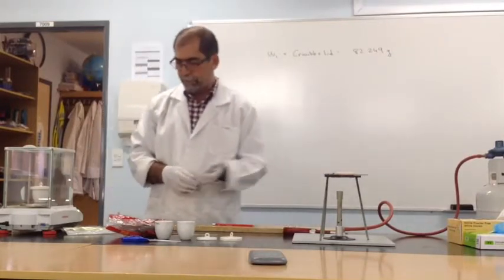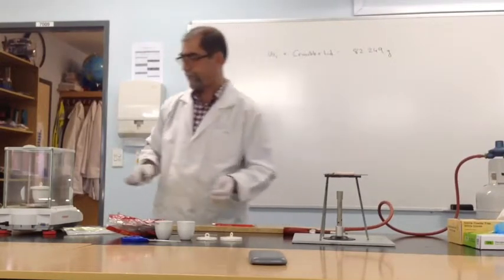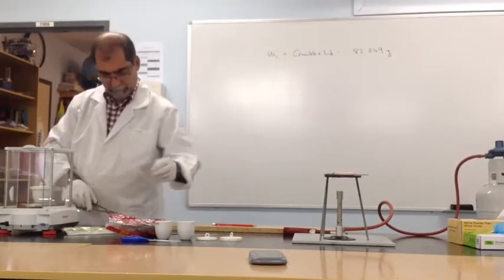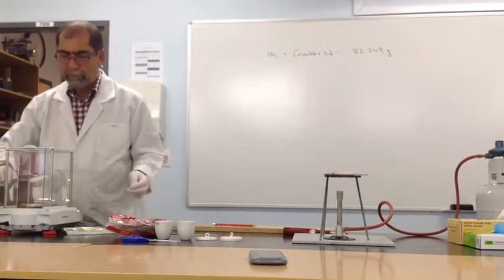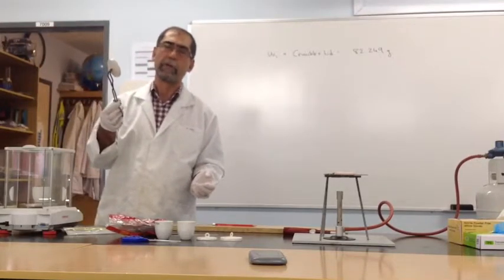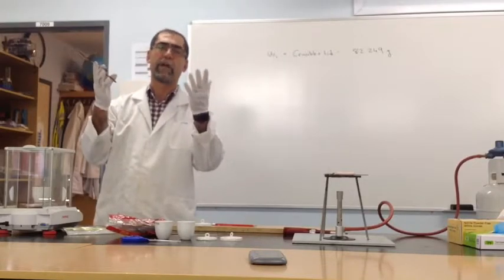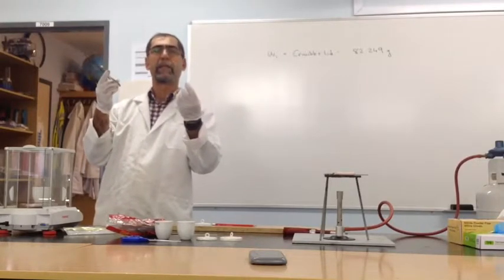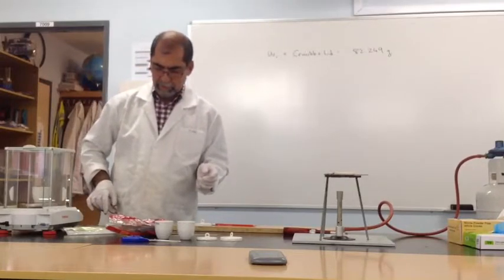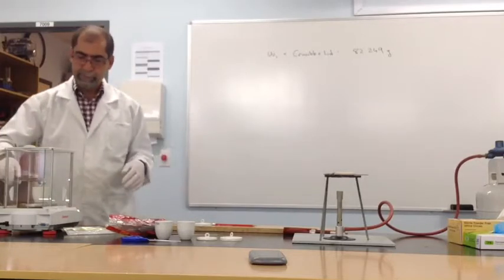Into the crucible, I'll add the magnesium strip. If you notice, I'm not handling anything by hand anymore. I'm using the tongs. Although they're cold, I'm using the tongs, largely because I don't want to leave any contamination from my hands onto the analytical equipment.